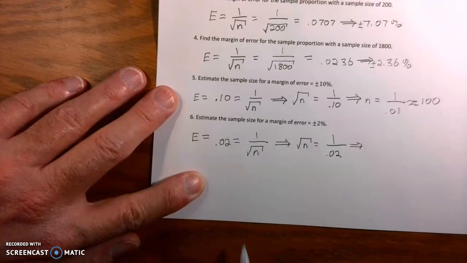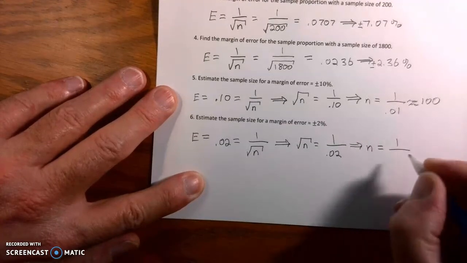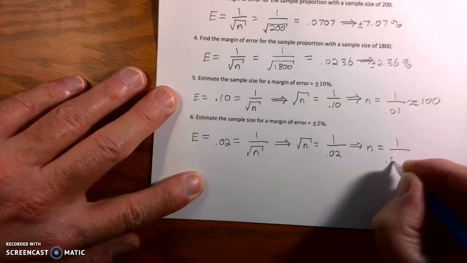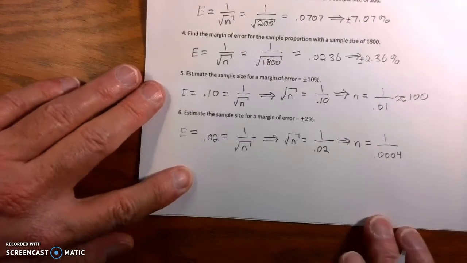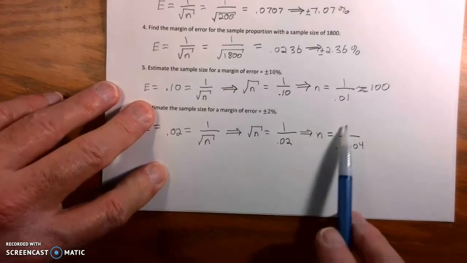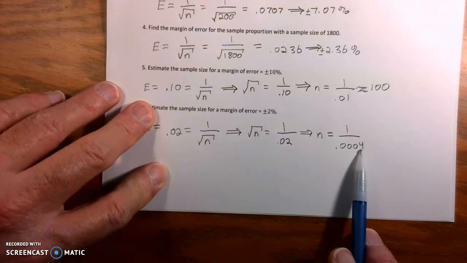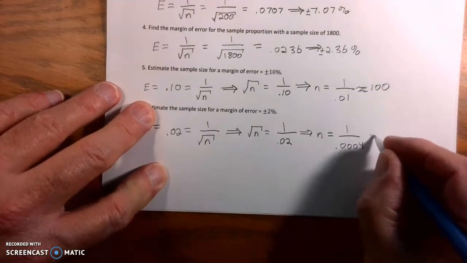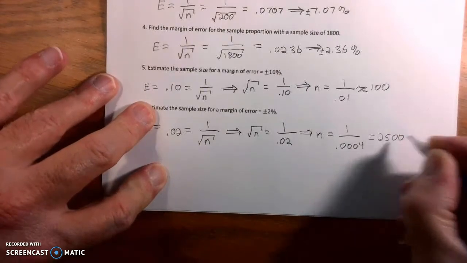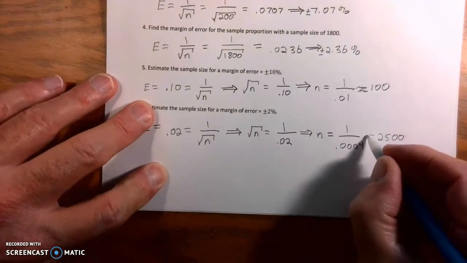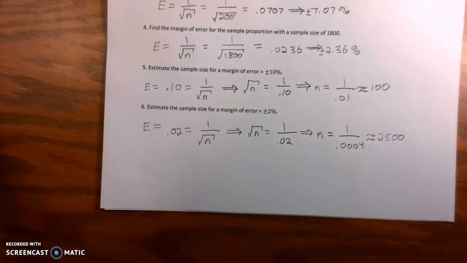Square both sides. All right. This is hundreds, thousands. This is 4 10,000ths. 1 over that. Our sample size is approximately 2,500. Okay? You guys practice doing that, okay?